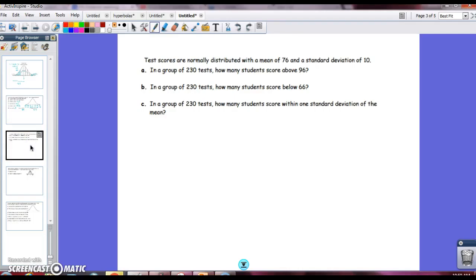In this one, it doesn't give you the chart, but it gives you some information. It says test scores are normally distributed with a mean of 76 and a standard deviation of 10. So if you draw in your curve, my curves never look all that great, but you get the general idea, here is your mean. And your mean here is 76.